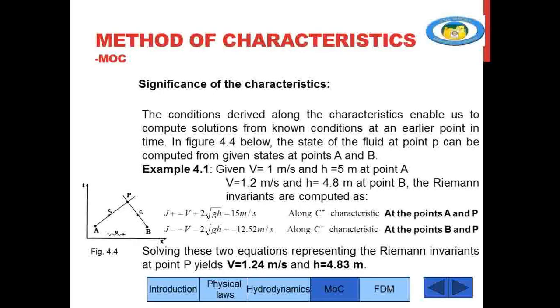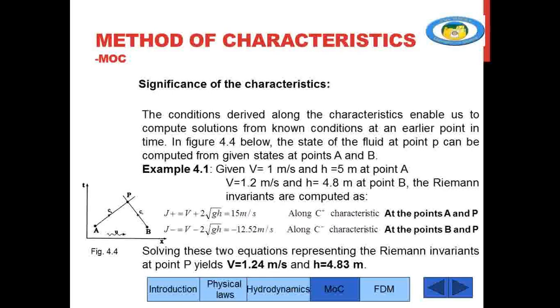Considering Riemann invariance, we are required to determine the velocity and the water depth at point P. Now, assuming kinematic wave, in which case SF and S0 are equal, then we can talk about Riemann invariance. So we are going to calculate the Riemann invariance as V plus 2 radical GH.